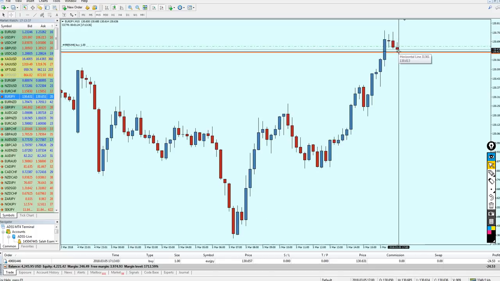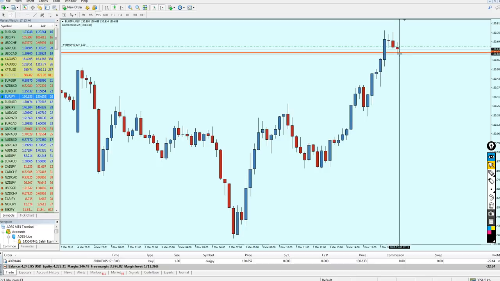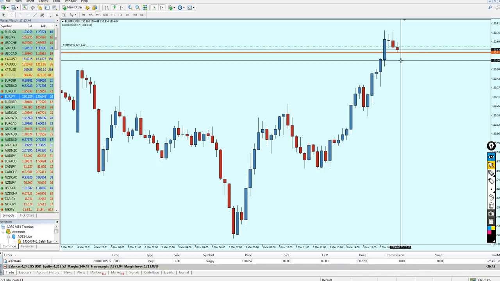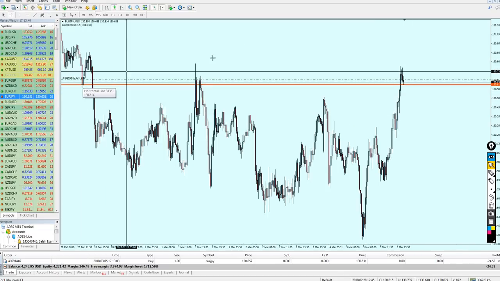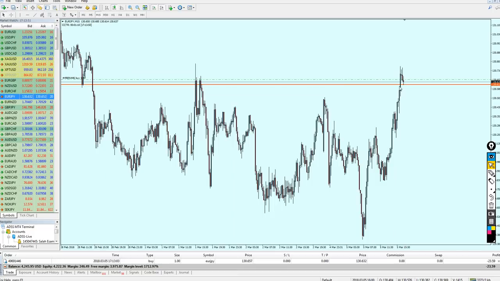It just touched it and then bounced back. It reversed at the touch of this line. Why exactly this line? Because here you have this support, which was followed by this long bullish breakout candle.